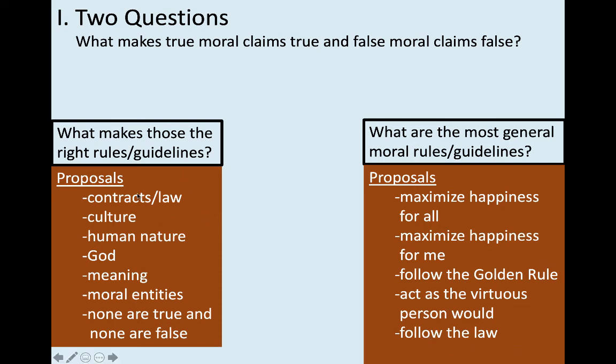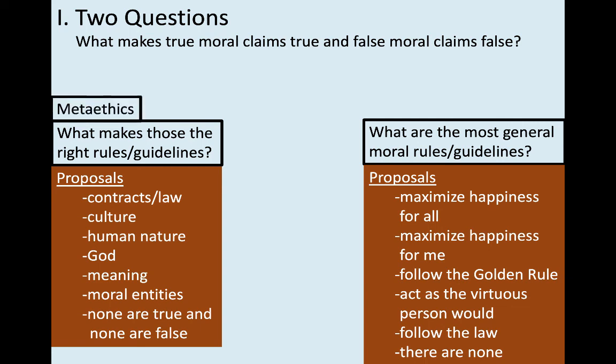So if the claim on the left here is that law is the ultimate source of morality, and the only immoral actions are ones that are illegal, and all legal actions are morally equally acceptable, suppose you have that view, then when you want to find the right moral rules or guidelines, you just need to find the law for your society and not do the things that are illegal, and you're free to do whichever things are legal, morally speaking, free. Okay, and another possibility is that there are no moral rules or guidelines. Obviously, that would follow if there's no source of morality, if moral claims really don't have any valence, any goodness or badness, rightness or wrongness, truth or falsity to them.